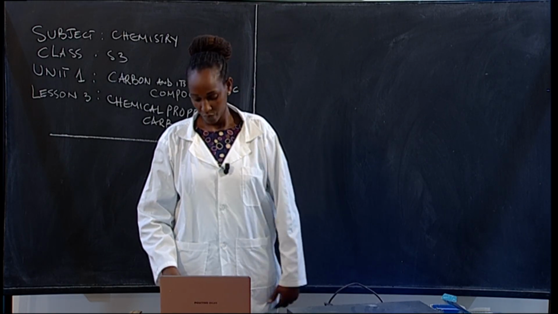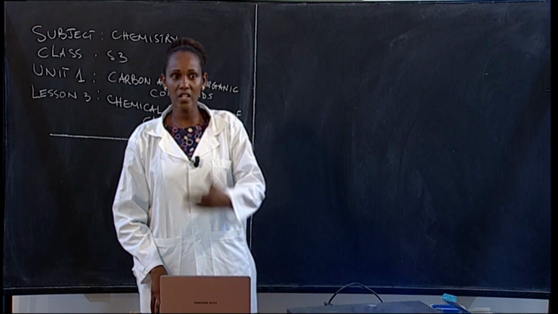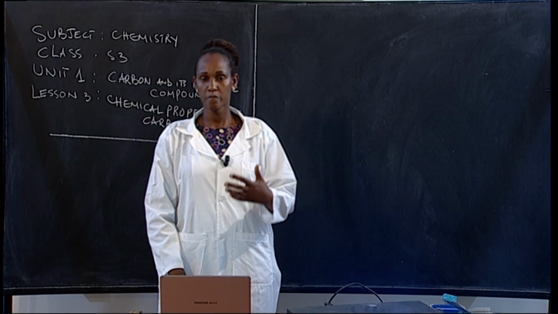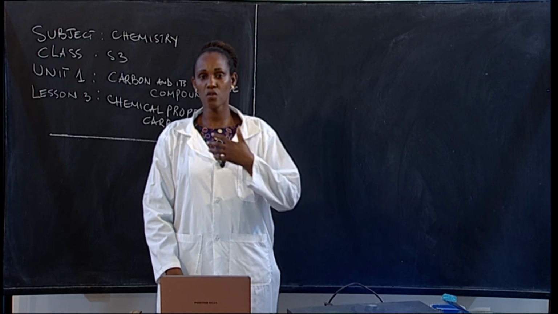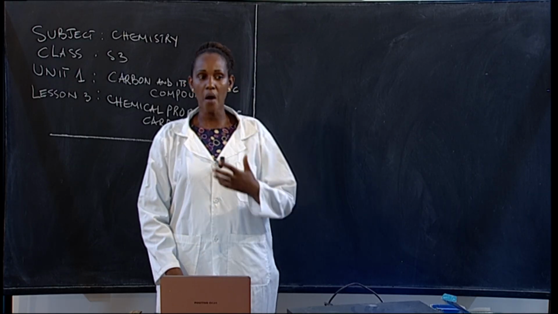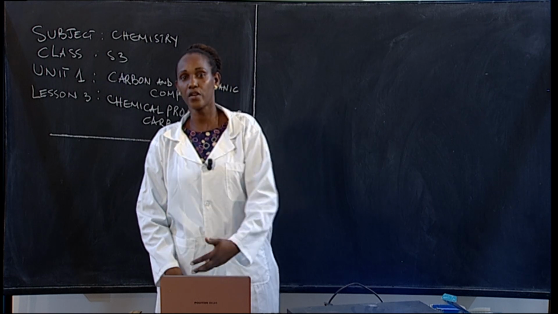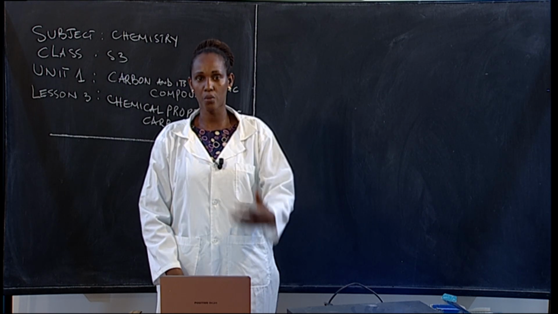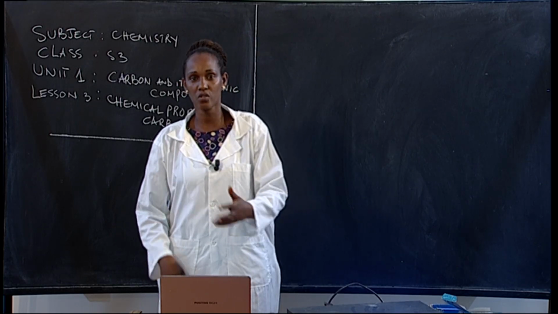All right? Good. So we are still looking at the reactions, the chemical properties of carbon. How does carbon react with different compounds, with different elements? That's the work we are in, the lesson we're having today.